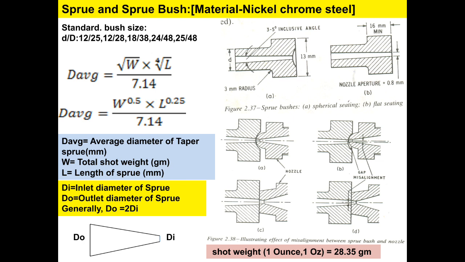So you can find out the average diameter of the sprue. Now you can observe the sprue passage. Di is the inlet diameter, and Do is the outlet diameter of the sprue passage. Generally, the outlet diameter of the sprue is equal to twice the inlet diameter of the sprue.